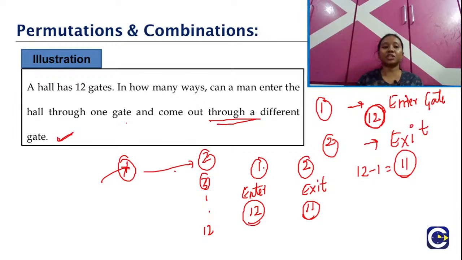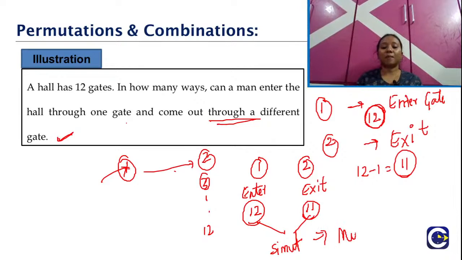So the question is, when a man enters the hall through one gate and comes out through a different gate, both experiments 1 and 2 are performed simultaneously. A man enters through one gate and comes out through another gate. So if both experiments are performed simultaneously, which fundamental principle of counting will we use here?